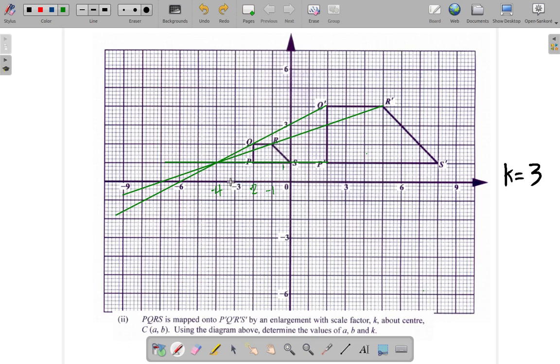Okay, so x is equal to -4, y is equal to 1, because it's above -4 on the x-axis and beside 1 on the y-axis. So what you would have then is that C is located at -4, 1. So therefore A is -4 and B is 1. All right, so you see that.